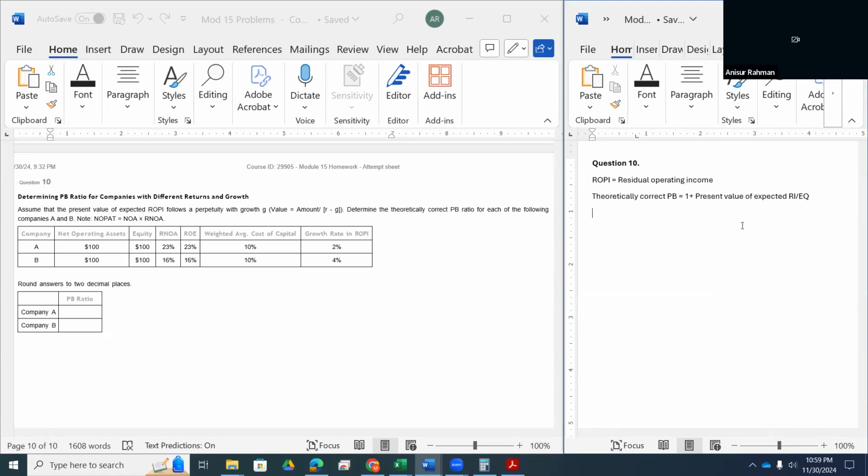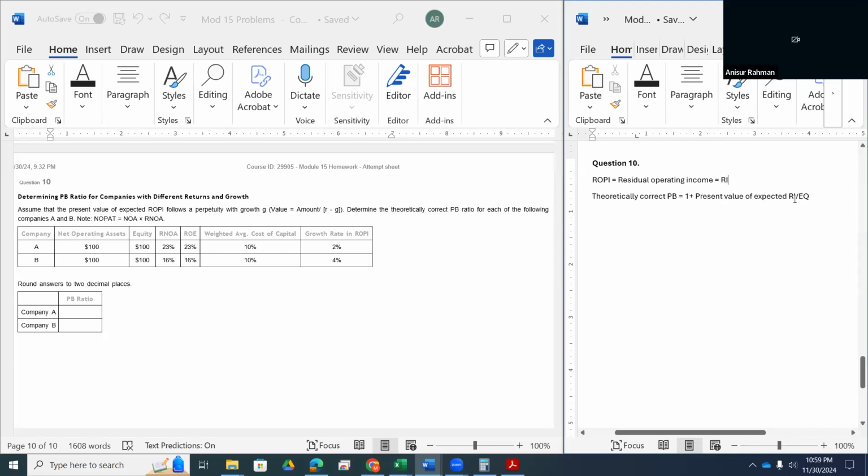Okay, so theoretically correct PB is equal to 1 plus present value of expected RE. So RE is the same thing as ROPI. Okay, so this is also called just RI, residual income.